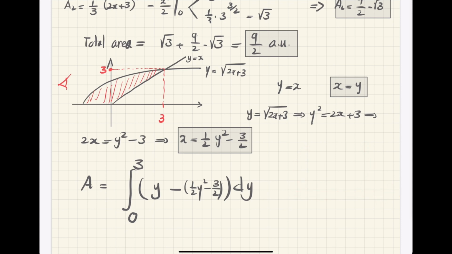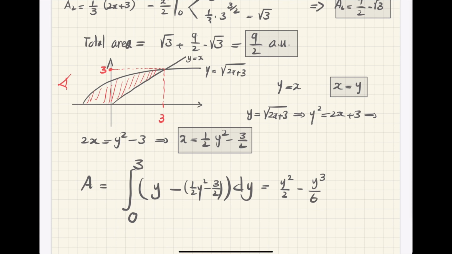Yes? So now let me calculate this. You see it is very simple. A primitive function for y, when y is the variable, is like x, so it becomes y squared divided by 2. I have a negative sign here. A primitive function for y squared is y cubed divided by 3, and there is a 1/2 and a negative sign, so it becomes minus y to the 3 divided by 6.